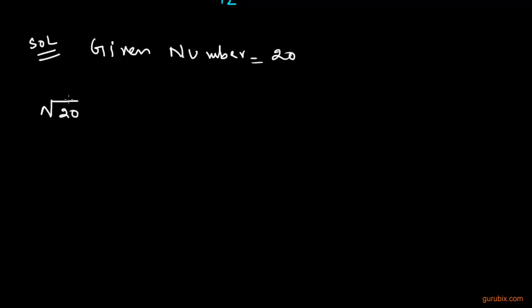First of all we shall write this 20 inside the radical, and now we shall factorize this 20. We can factorize 20 like this: 2 into 2 into 5, and we see that there is a pair of prime factors, and that is a pair of 2.